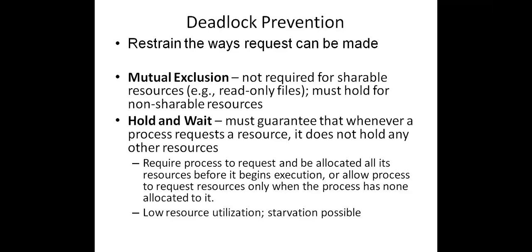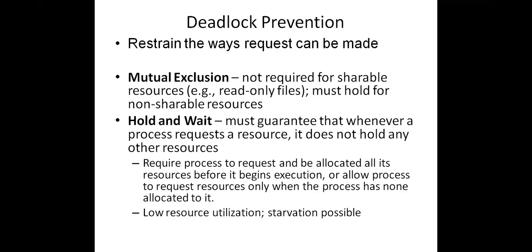So how can we avoid it? Whenever the process requests new resources, we need to check whether we are allocating all the resources which are required by the process or not.